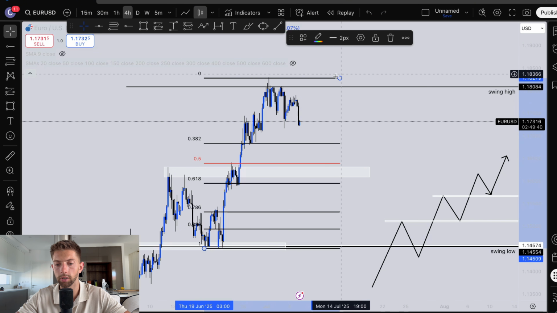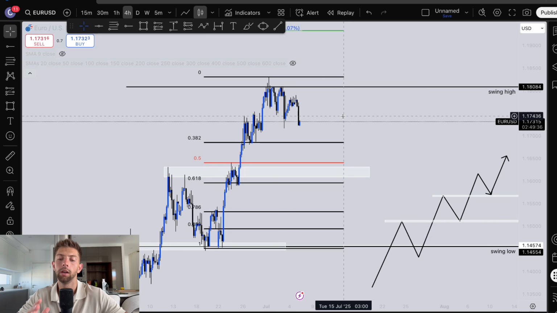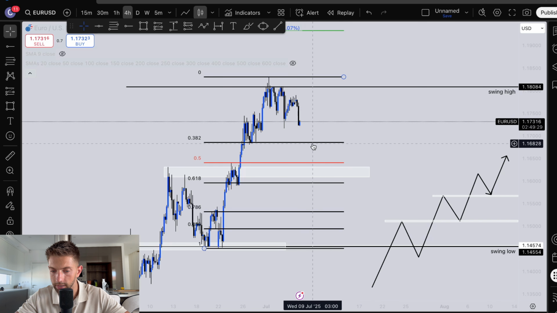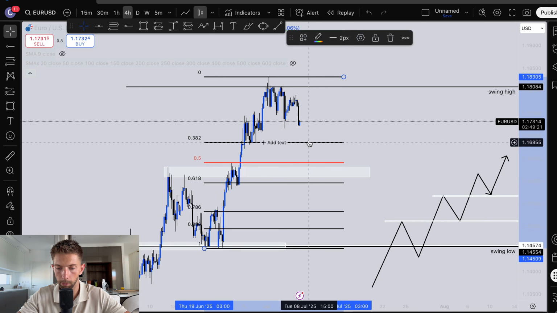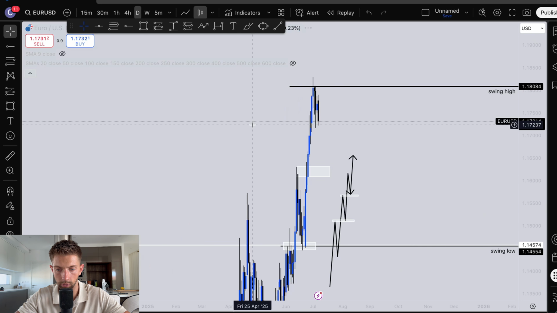It wasn't 38.2, which means I need to see a pullback of at least 38.2% for it to be considered a valid higher low point, which means price needs to pull back at least right here for me to consider this a valid higher low point.